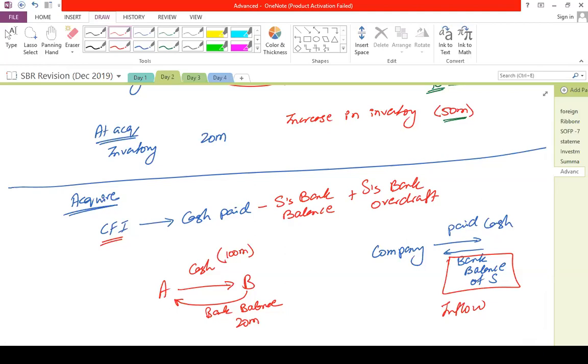So the net cash outflow from us is actually $80 million. Yes, exactly, Mohammad Lami. You have got it right.